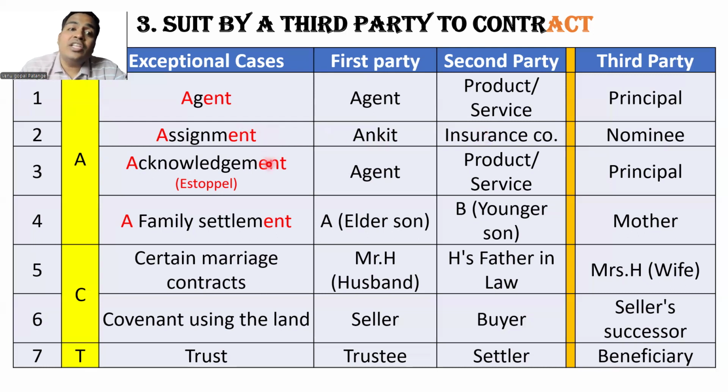Next, we have acknowledgement. So let us talk about the agent. In the case of an agent, the principal, let us say the film star, has one official manager, but there are people who claim themselves as managers. There are unofficial managers.